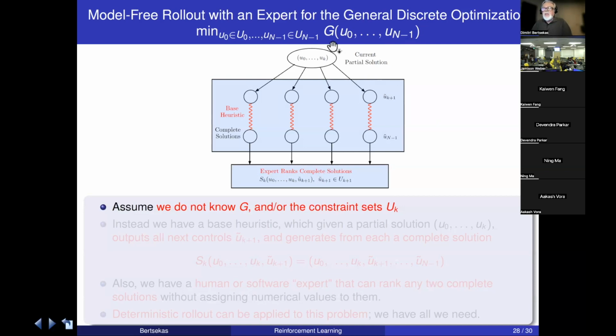And we have discussed how to formulate this generic problem as a dynamic programming problem. We introduce a state at time k, the partial solution consisting of the first components up to time k. And then we select the next component, uk plus 1, and then we continue when we form a tree of partial solutions, this expanding tree.